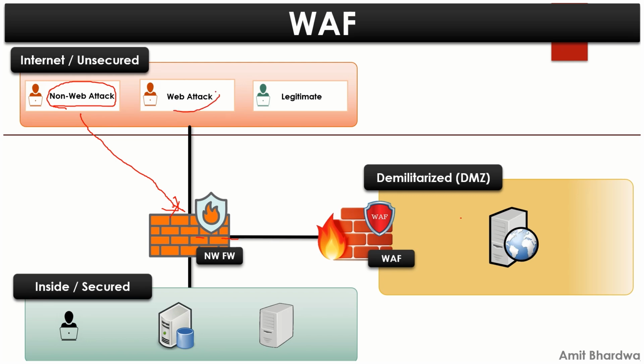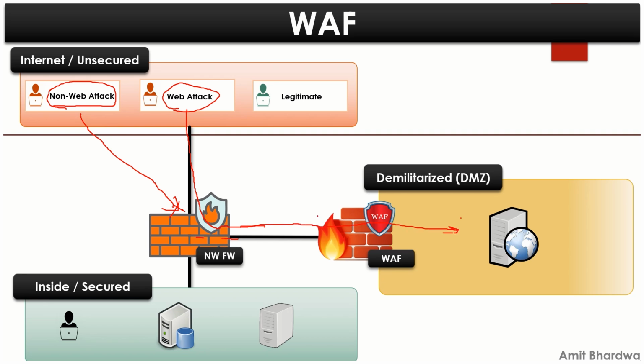However, when we look at web attacks, as we earlier discussed, SQL injection, cross-site scripting, zero-day exploits, that type of web attack in the HTTP or HTTPS header cannot be stopped by the network firewall, and it can harm the application.